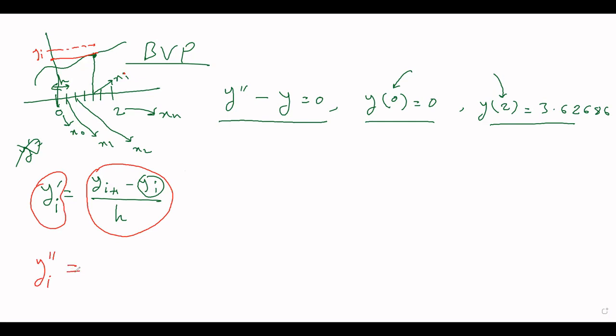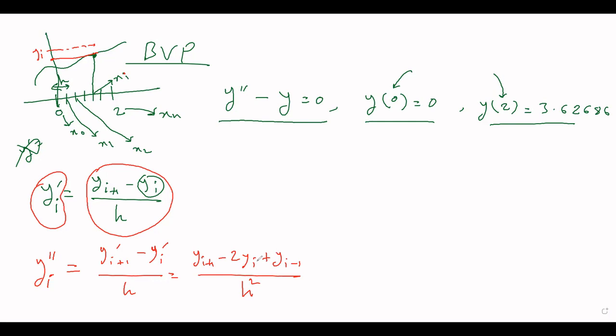If you go further and try to find a formula for yi double prime, you can easily find (y i plus 1 prime minus yi prime) by h. And if you substitute the expressions of yi prime and yi plus 1 prime, after simplification it becomes (y i plus 1 minus 2yi plus yi minus 1) by h squared.